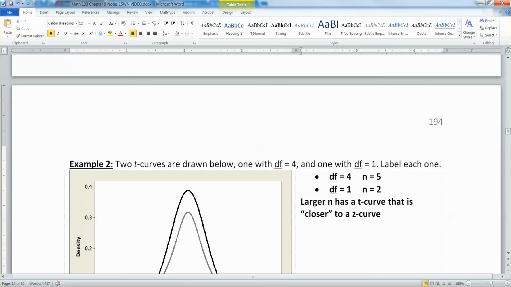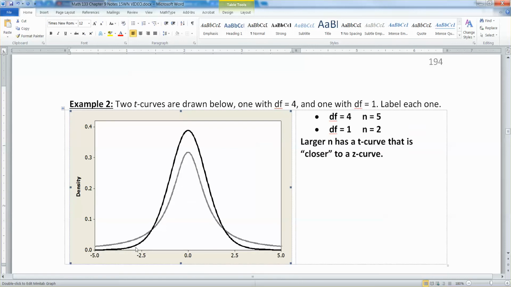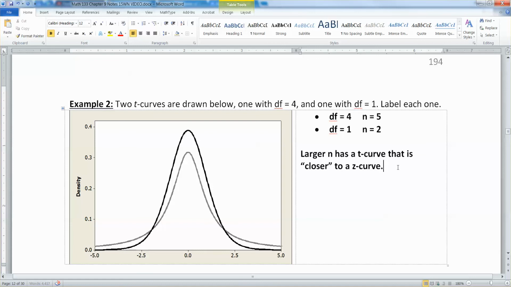So when you look at these two graphs, the black one and the gray one, which one is closer to a z curve? A z curve has a high peak in the middle and low tails. So the black one has a higher peak, so it's closer to a z curve. That means it's the one with degrees of freedom 4. So df equals 4 is the black curve, and df equals 1 is the gray curve.